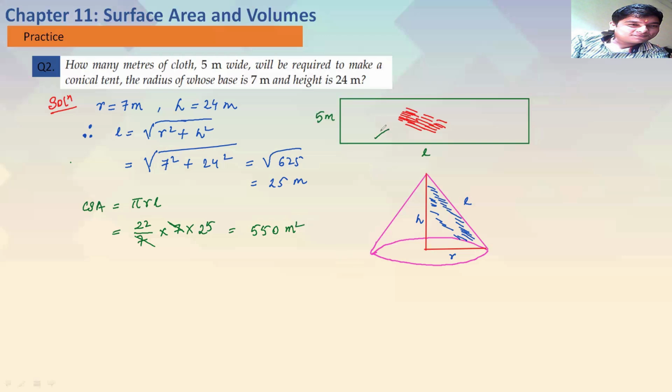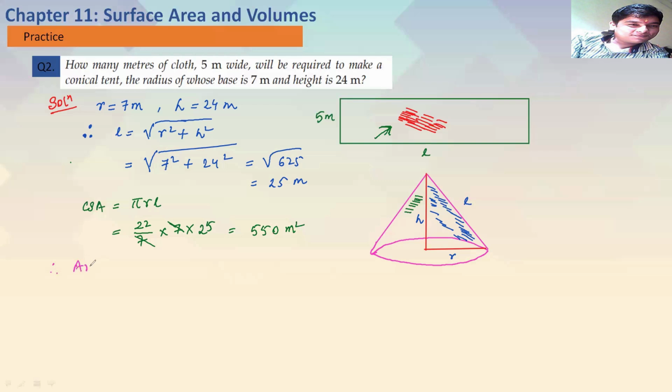So what do you know now? You know the area of this cloth, right? Yes, sir. Because the curved surface area is the same area that we have on the cloth as well, because the same cloth is being used to make this tent. Now, what are we gonna write?